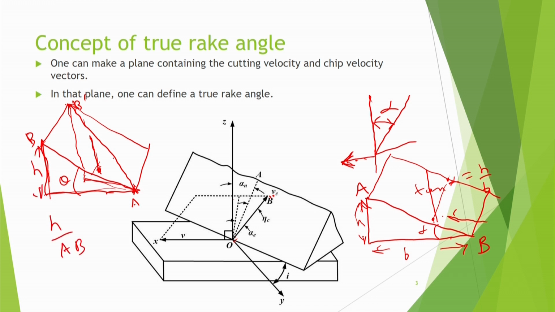But suppose I am moving from A to B dash. In that case, the height was the same h, but this was AB dash. So sin phi is equal to h by AB dash. Naturally AB dash is more, so you will encounter a smaller angle now. The slope will be less.